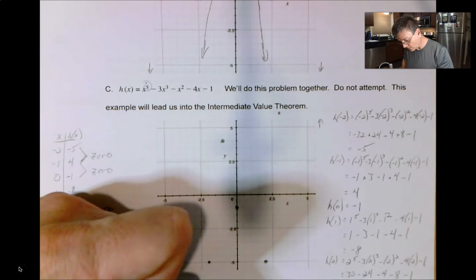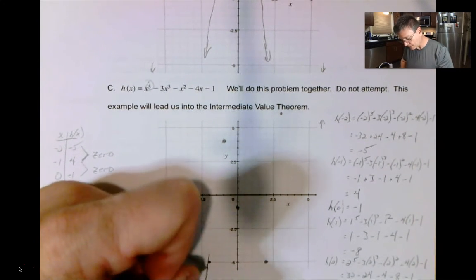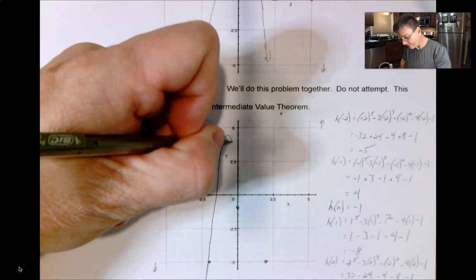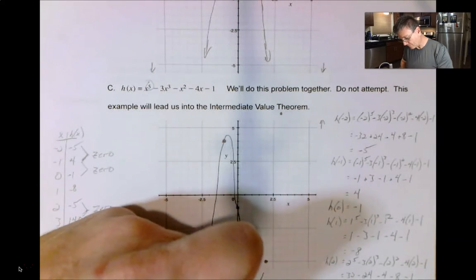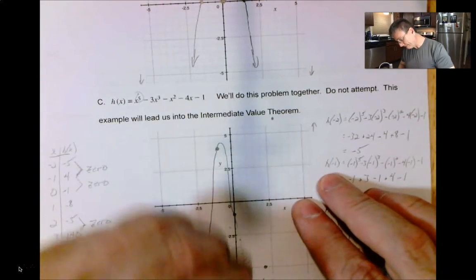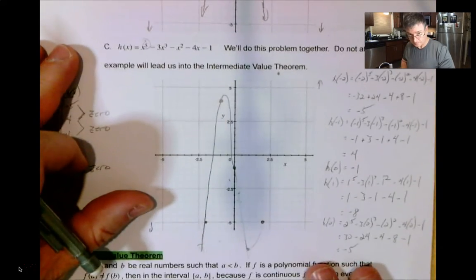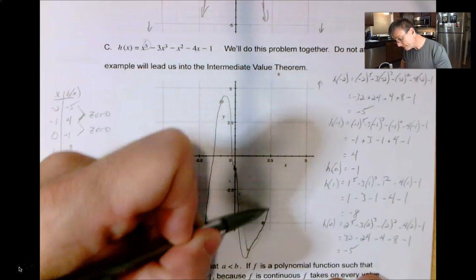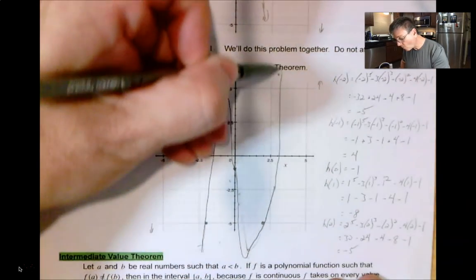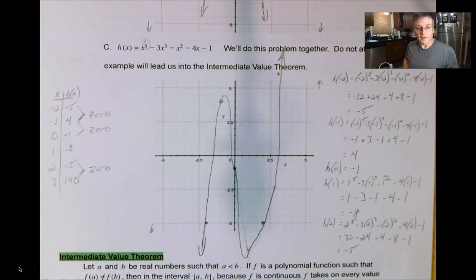But I know that the basic shape here is going to do something like this. It's not perfect, but we get a ballpark idea of what our graph needs to look like.